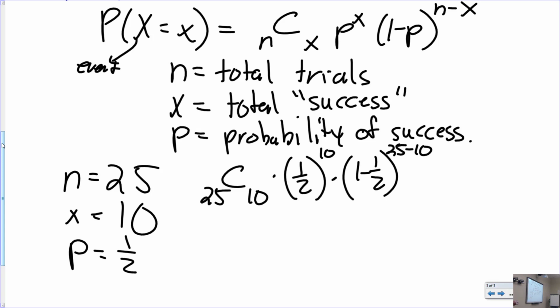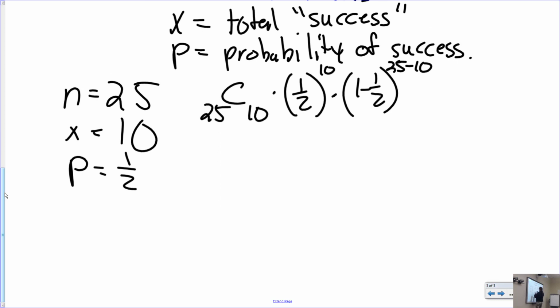So this is obviously a calculator problem, folks. First off, how are you going to calculate the combination of 25 things taken 10 at a time? Put it in the calculator. 25, hit that PRB, you're hitting the nCr, 10. So you get this awesome number, 3268760.